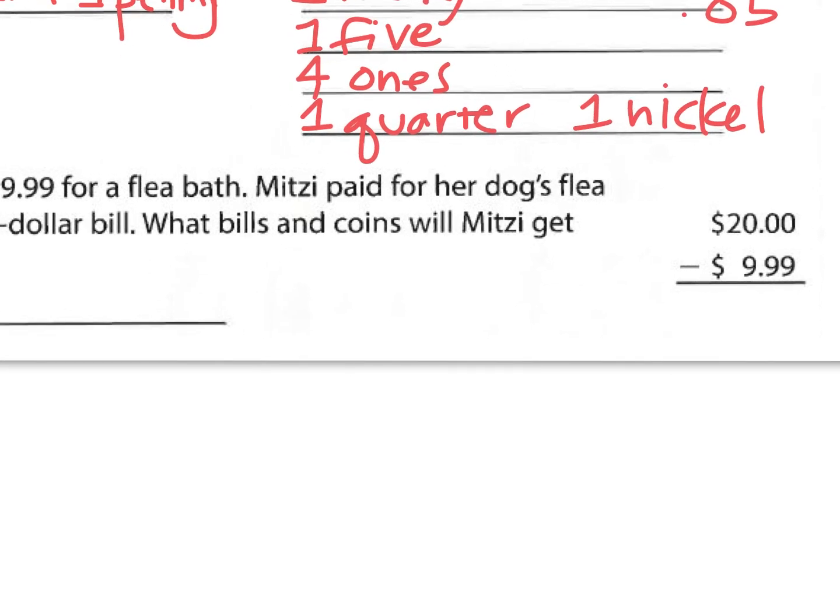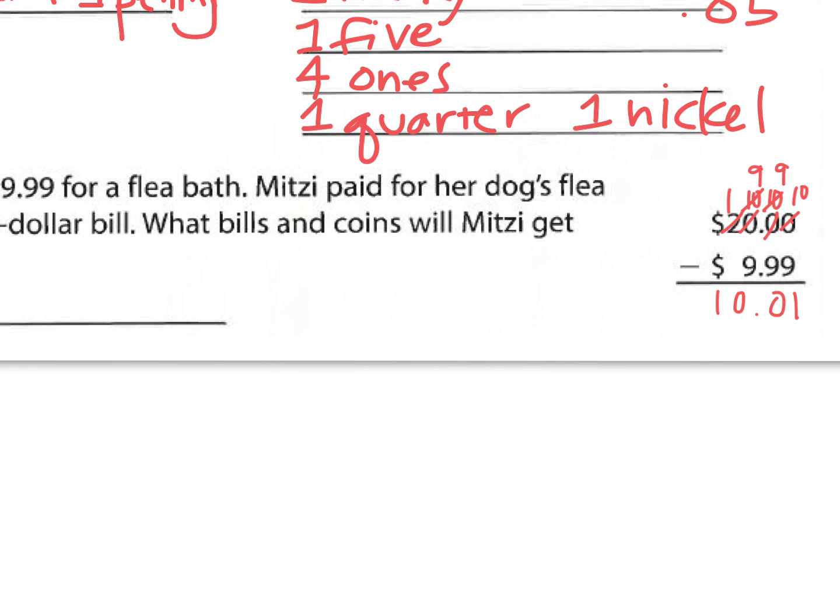Well, again, we're going to have to borrow all the way over to this 2. Make that a 1. Make this a 10. But then we got to borrow from that 10 so we can make this 0 a 10. But then we have to borrow from that 10 to make this 0 a 10. 10 minus 9 is 1. 9 minus 9 is 0. 9 minus 9 is 0. 1 minus nothing is 10.